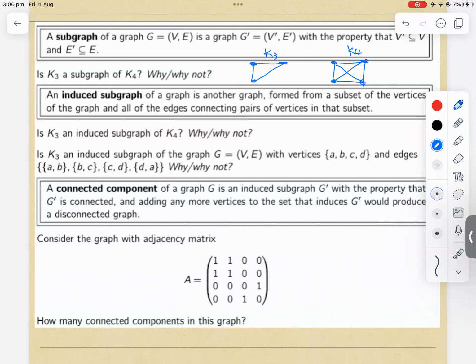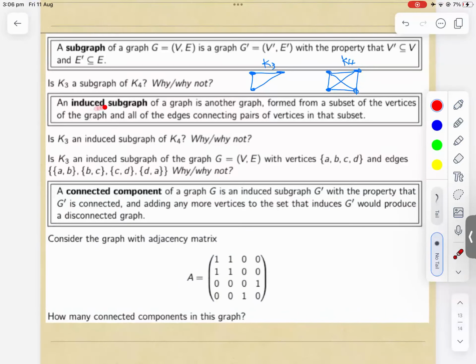Okay, so can I do this? An induced subgraph of a graph is another graph formed from a subset of the vertices of the graph and all edges. So what is an induced subgraph?